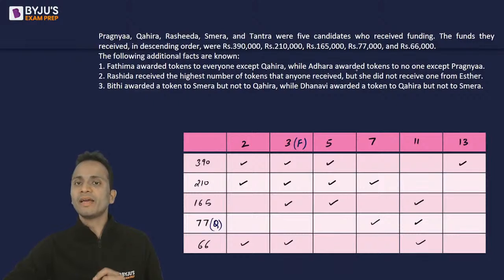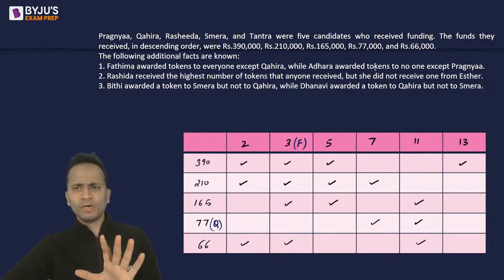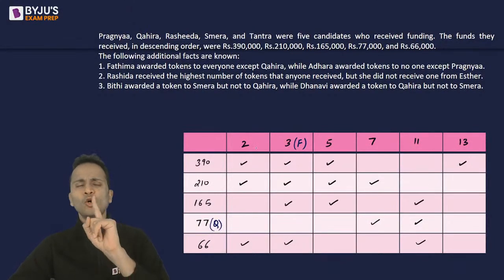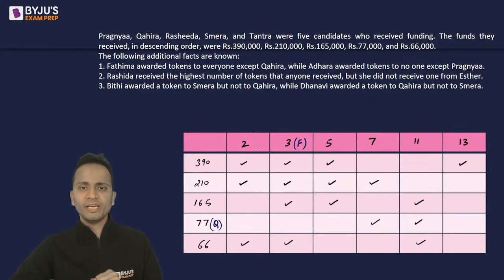Statement number 1, let's complete it. While Adhara awarded tokens to no one except Pragnya. So Adhara has given a token to no one and only Pragnya. That means Adhara must have given only one token. So which token is given only once? Token number 13.